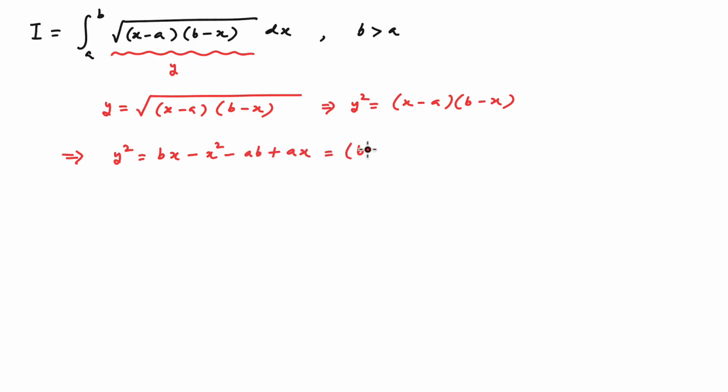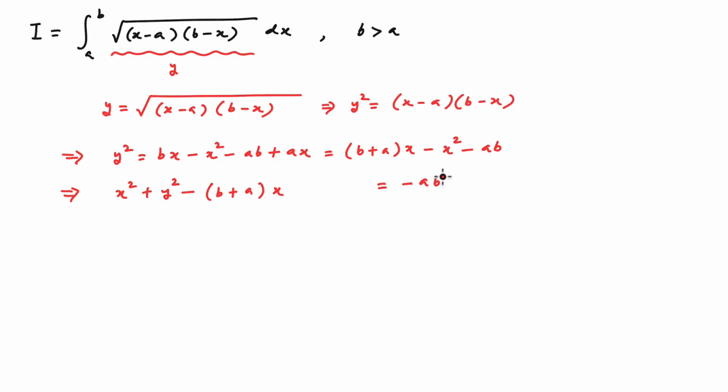The right hand side can be written as (b plus a) times x minus x squared minus ab. Moving all variable terms to the left hand side, we get x squared plus y squared minus (b plus a) times x is equal to minus ab.